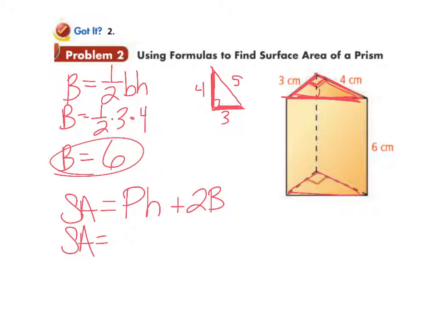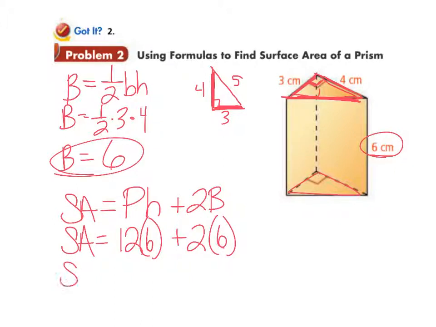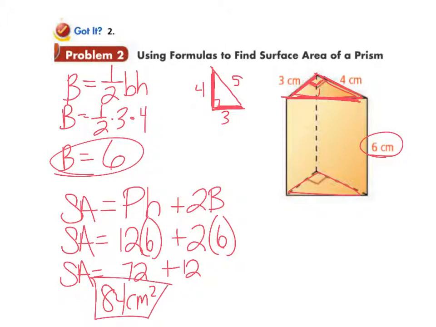It's a Pythagorean triple, which would make my perimeter be 12. And then the height of the prism is this 6 right here, plus 2 times the area of the base, which I found earlier to be 6. That's a 72 plus 12, gets me 84 centimeters squared for my surface area.